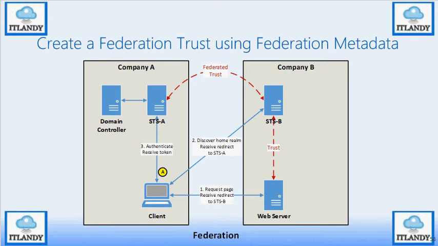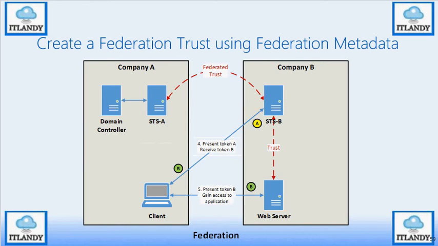Then the user is prompted by STS B to choose a home realm, company B AD or company A STS. Then upon choosing STS A, the user gets authenticated against STS A and receives the token which is valid for STS B.